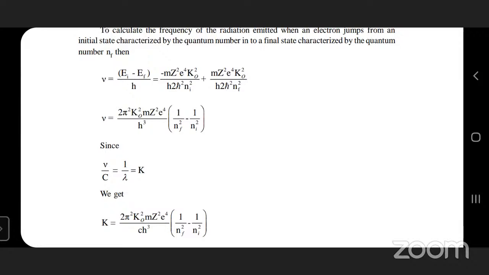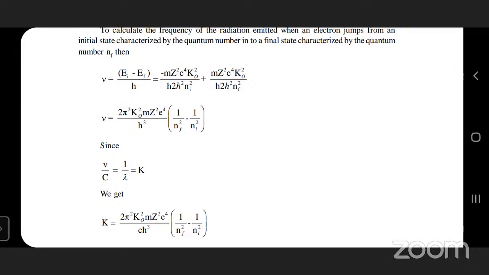Because of the radiation relation proposed by Max Planck, E equals hν, so ν is the frequency, ν equals E by h. That means the delta E, the change in energy that takes place, should be observed. So that's what you calculate here as the frequency value, which equals some constant into 1 by nf square minus 1 by ni square.